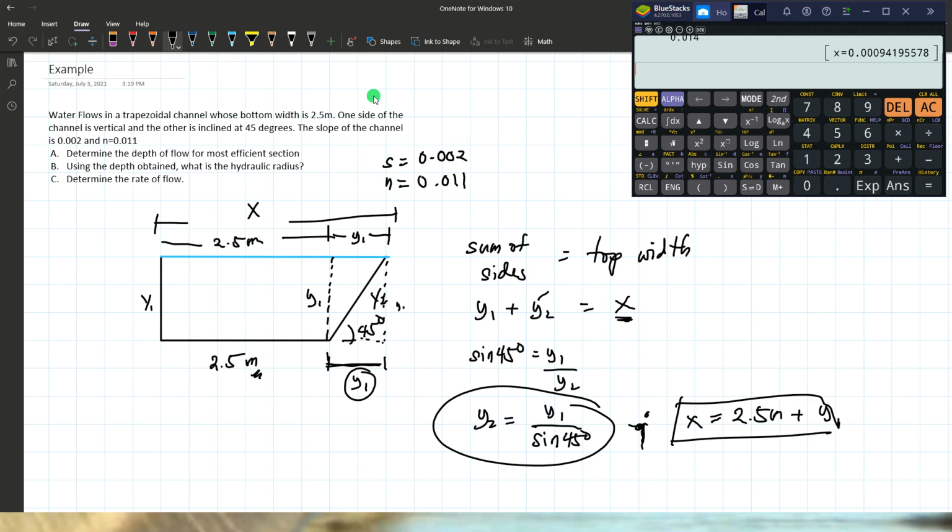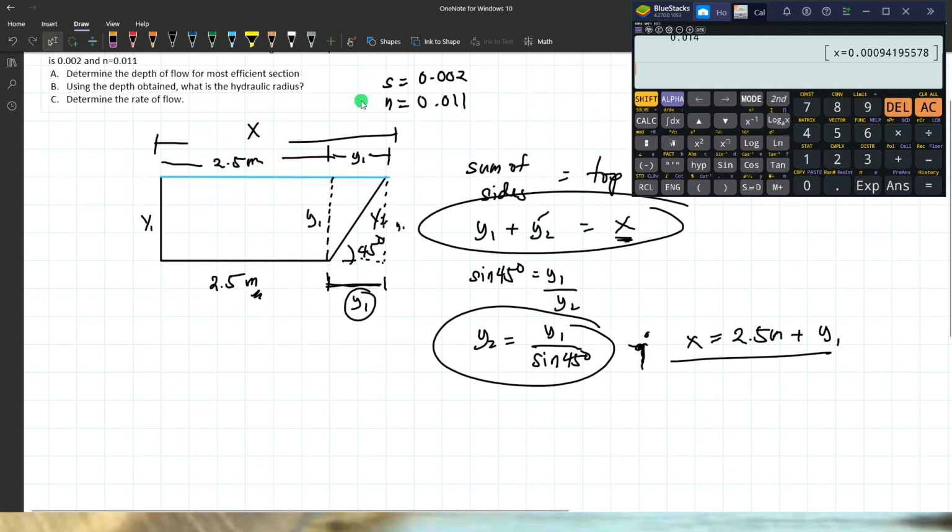Based on this, we can substitute all the values so that we only have one variable left, which is y sub 1. So y sub 1 over sine 45 equals x, which is 2.5 meters plus y sub 1.